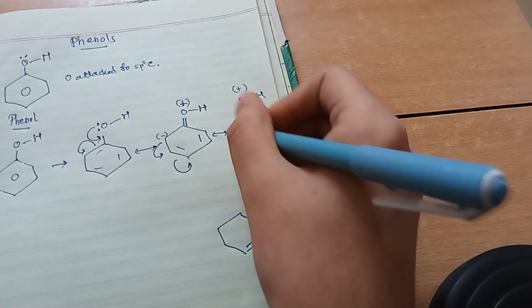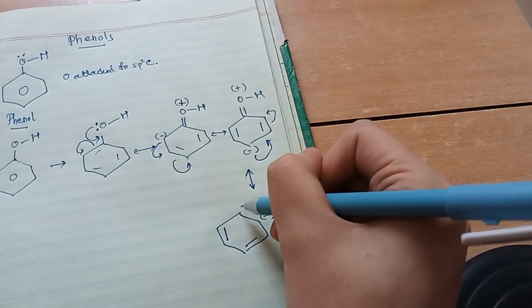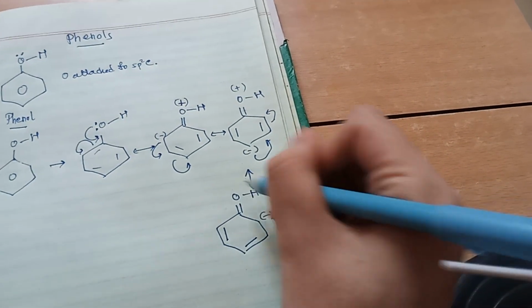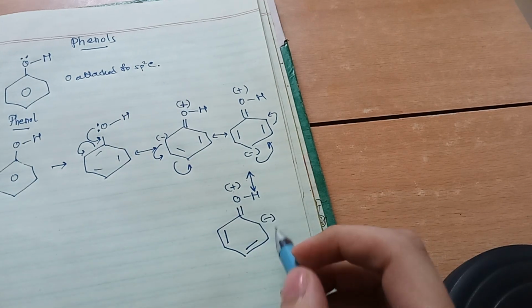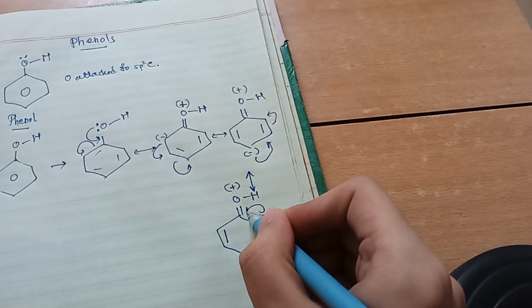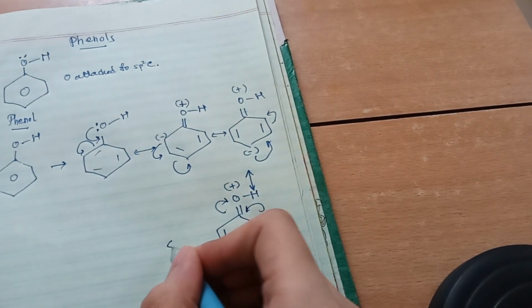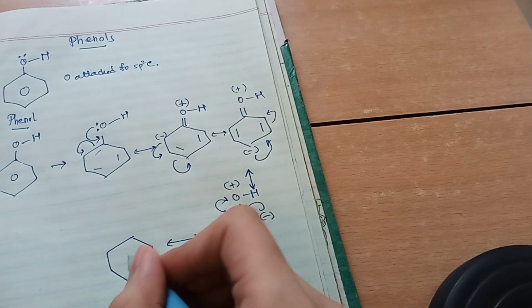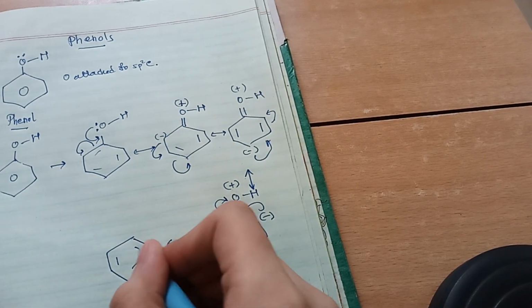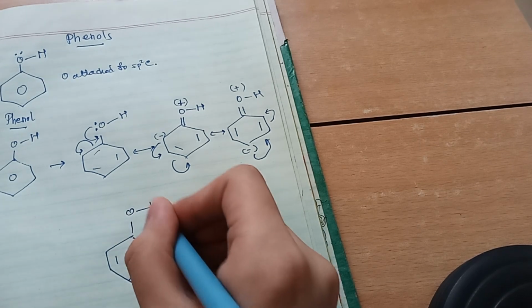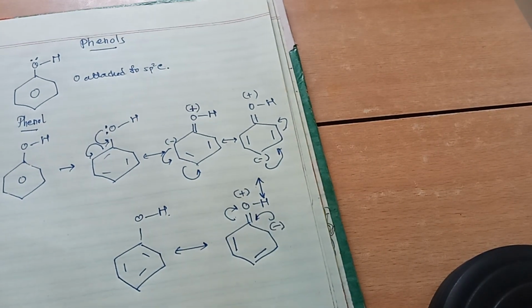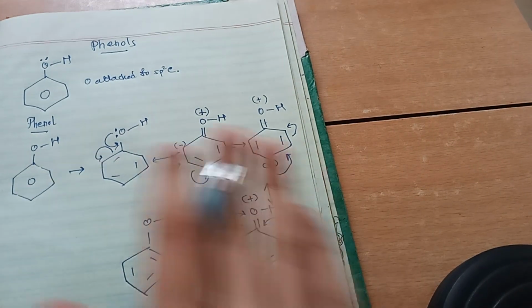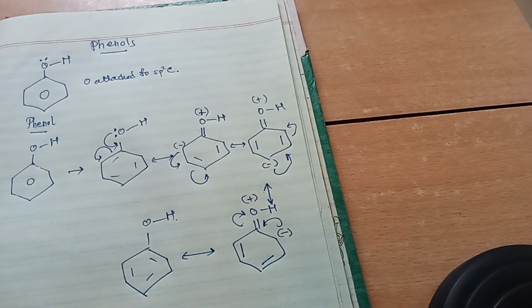Pi bond is over here. Another pi bond. OH positive. Again, it will resonate, and finally we get phenol again. So this is the resonance taking place in phenol.